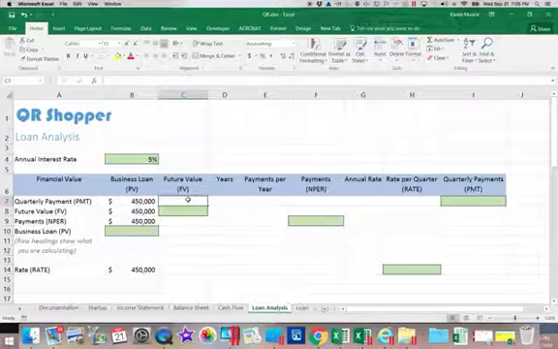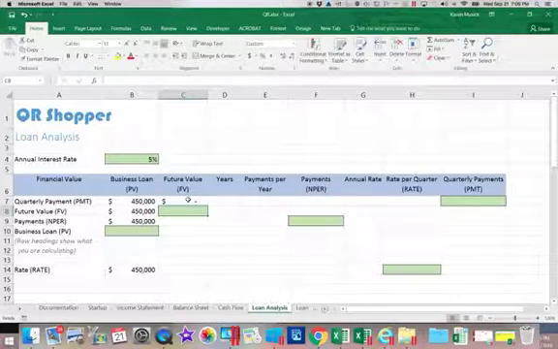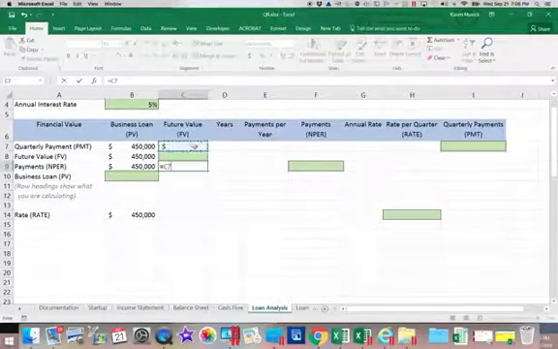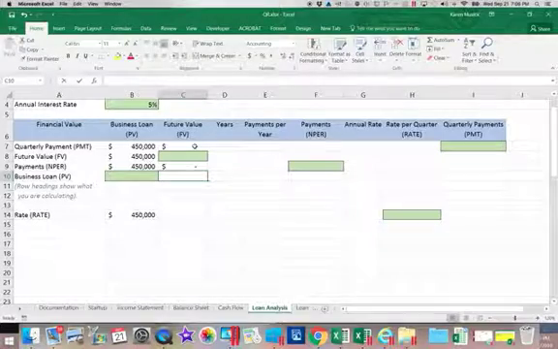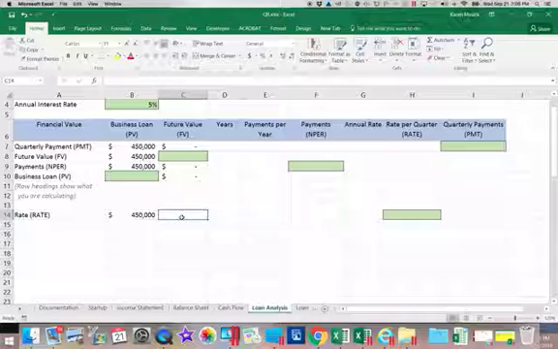So if it is a 10-year loan, after I've made 10 years worth of payments, how much is still owed? And that should be 0. So in every other equation, except for the one where we will be calculating that value, we're going to go ahead and set our future value to 0.